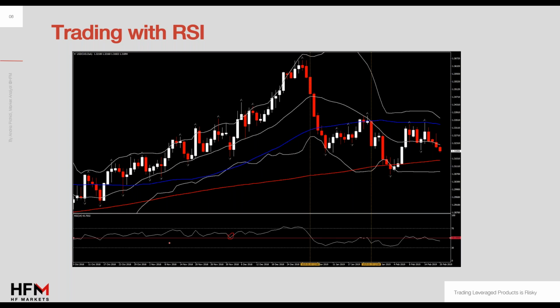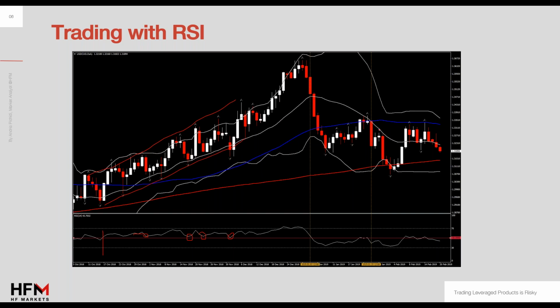It retested 50 sometimes, but it never crossed below it from October 17th up to 3rd of January. So that was a very nice indication that there is an uptrend, and it's a really strong one, and will last for many months, weeks, etc. The fact that it never crossed 50 was a good indication for people to enter long. So remember, trend is our friend.